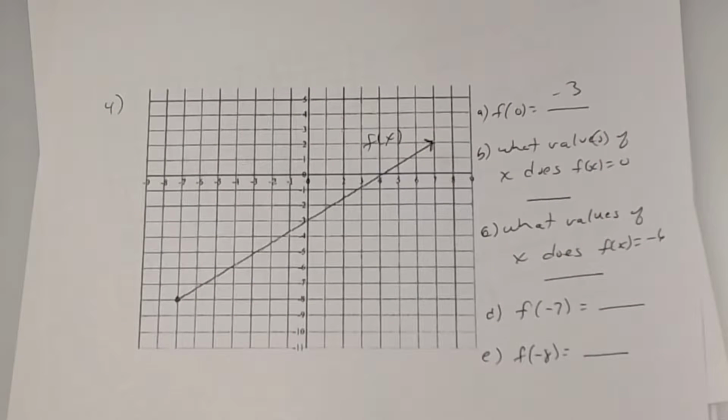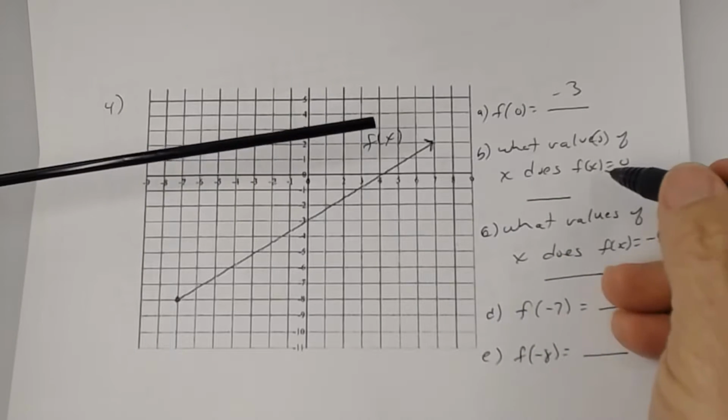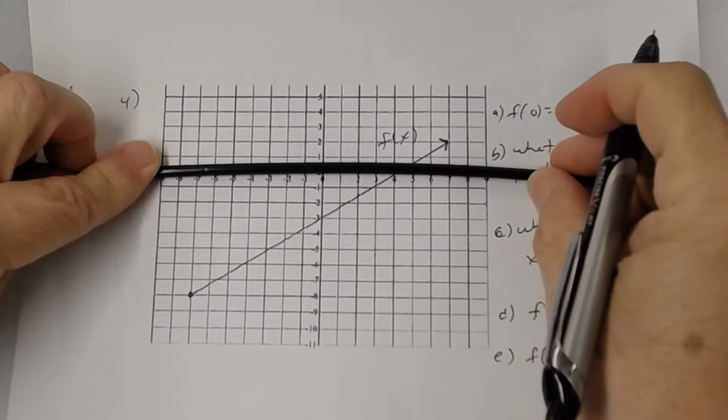All right, here's the other one. What values of x does f of x equal 0? So again, this time y is what? 0. What do y'all think? What values of x does f of x equal 0? 4. Because look, y is 0 here, right?